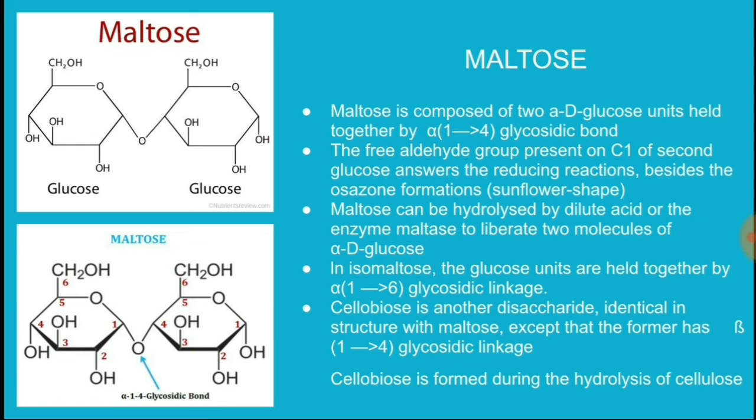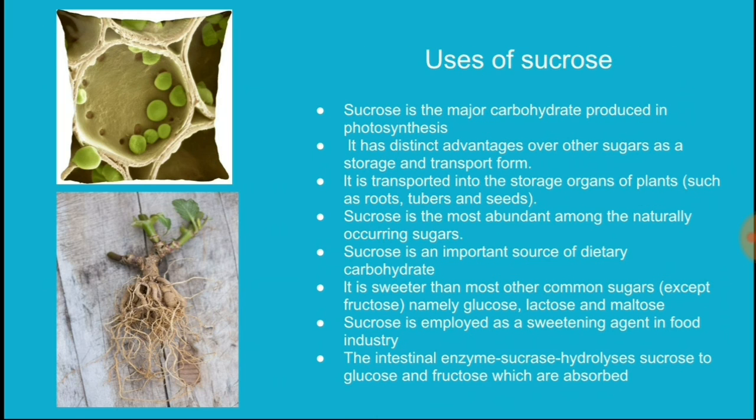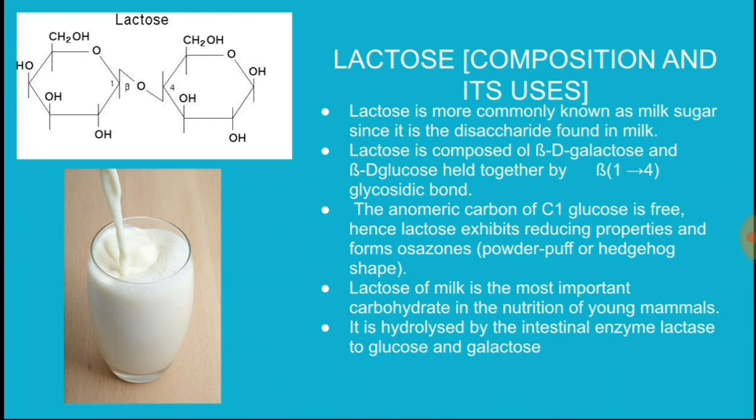Moving to the next one, sucrose is formed by alpha D glucose and beta D fructose, and the glycosidic bond is an alpha 1 to beta 2 glycosidic bond. And moving to the last one, lactose consists of beta D galactose and beta D glucose with a beta 1 to 4 glycosidic linkage.